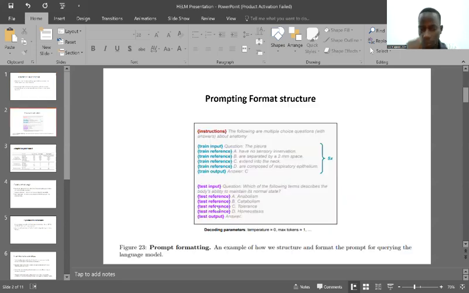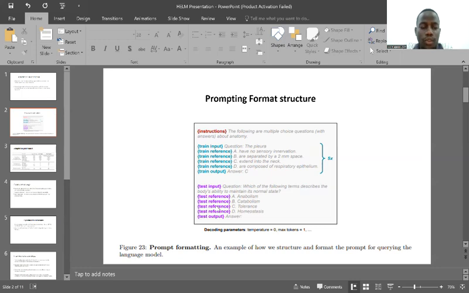So shall we go to the prompting structure format? This format is laid out in a way that first we have what we call the train input. This is an example where the input is the question, and in this case it is the plural, of which plural is part of the body parts.